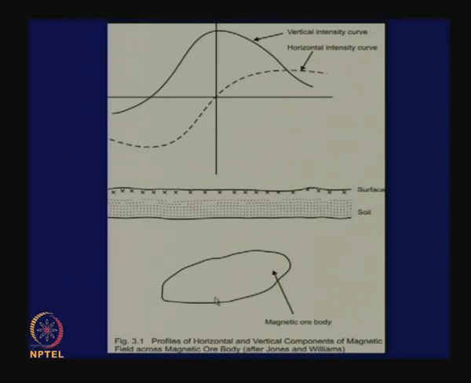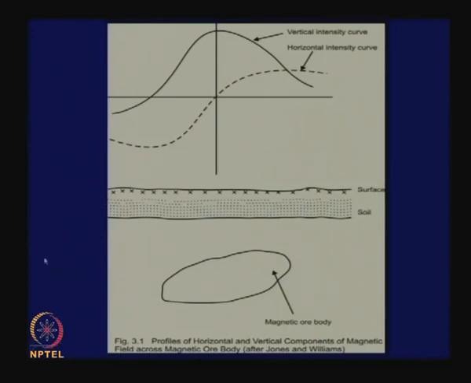Now, here is an example of trying to locate some magnetic ores. You know, there are many ores which have magnetic properties, like for example, some ores of iron ore, ilmenite is magnetic. There are others, and as we go by we will see some of them. So, suppose this is the layer surface and this is a soil layer, and hidden inside is a magnetic ore body.